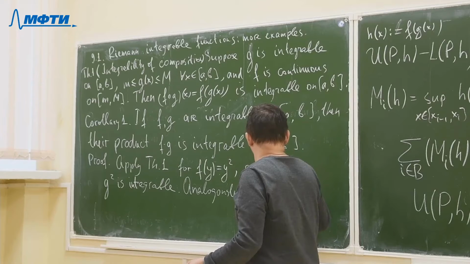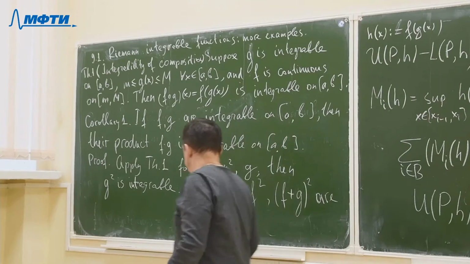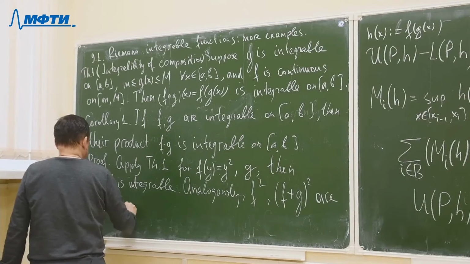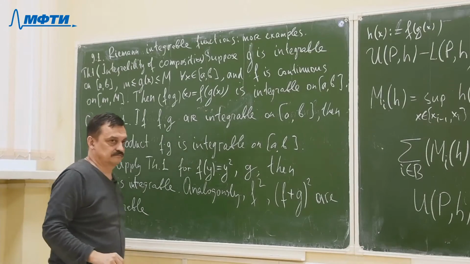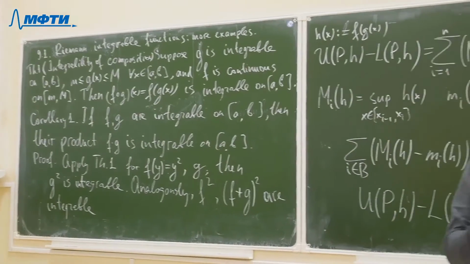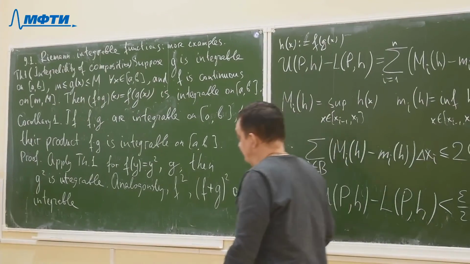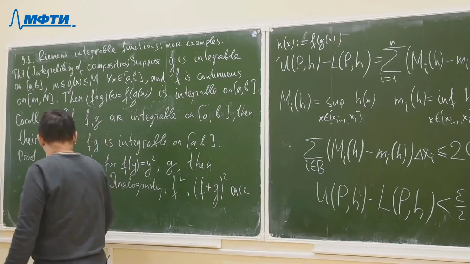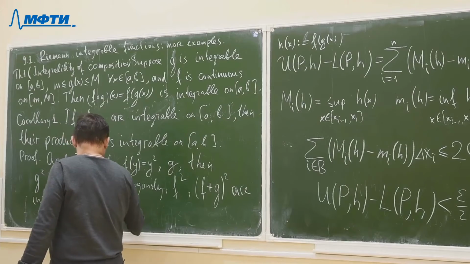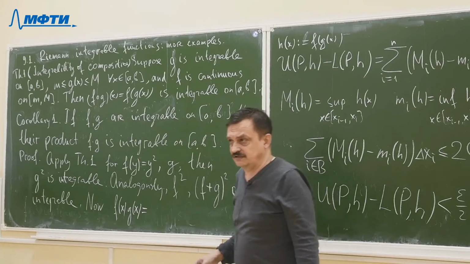And f plus g squared is integrable, because we know the sum of two integrable functions is integrable, right? So we take the square, again integrable. Now, f of x times g of x can be represented as follows.